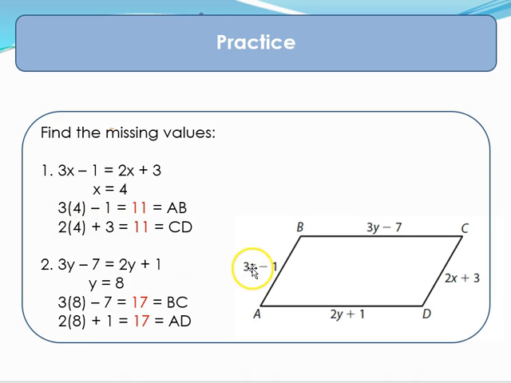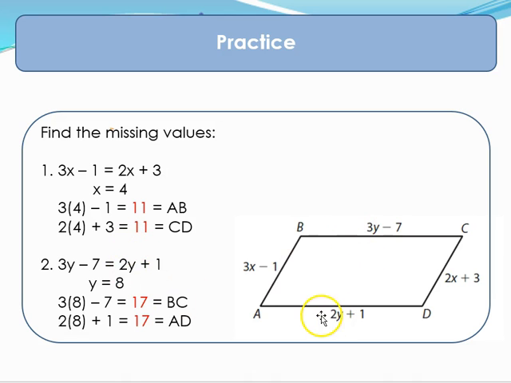I substituted the 4 for x, and 3 times 4 is 12 minus 1, which is 11, which is the answer for AB. To make sure that I've done this correctly, I solved also for 2x plus 3, and the answer was 11 for CD. So we have the correct answer. So x was 4, and our side lengths are 11.